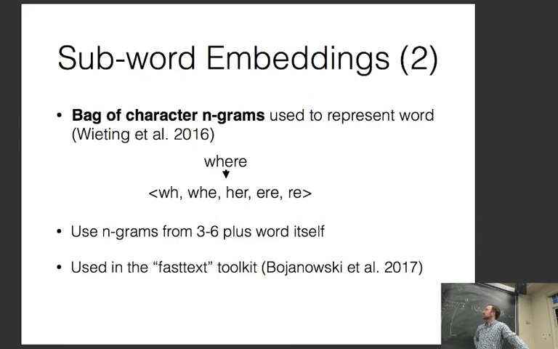The basic thinking behind this method is it uses character n-grams of length 3 to 6, and then one embedding for the word itself. So for really common words, it will just remember the embedding for the word itself. For less common words, but still pretty frequent, it might remember some of the 6-grams. So it's a mixture of both, and by combining them together, you can generalize at the appropriate level. Okay.